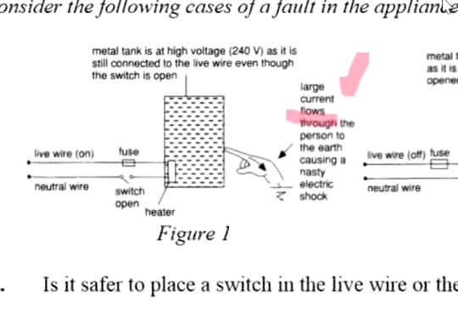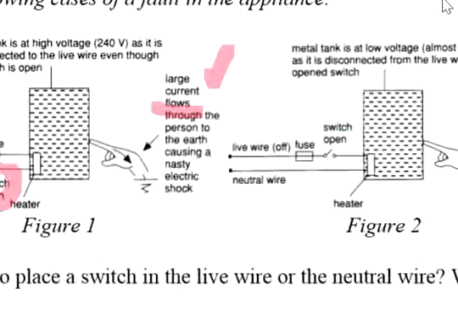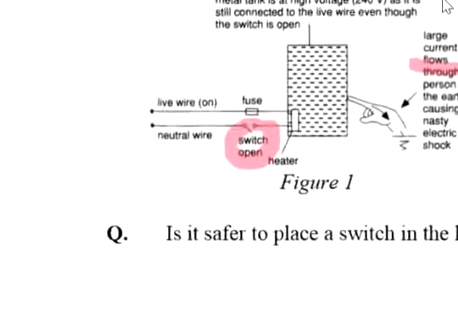Okay, I will show you the clue here. This is the switch here, and then the switch over here. Now I did mention just now, the switch and the fuse must be connected to the live wire. Why? This is the reason why.